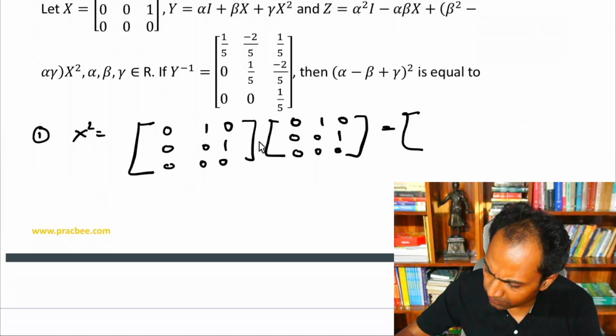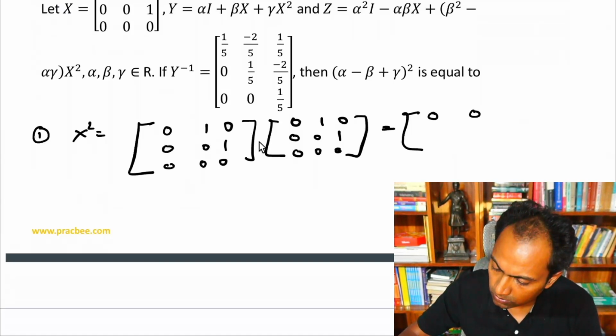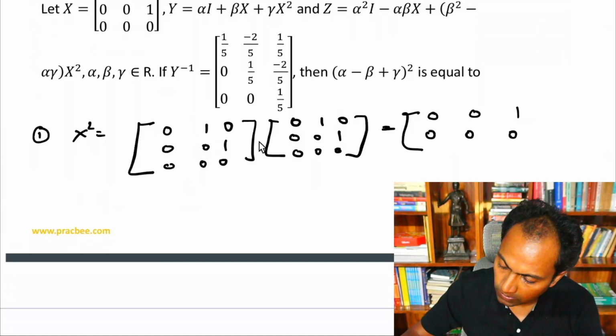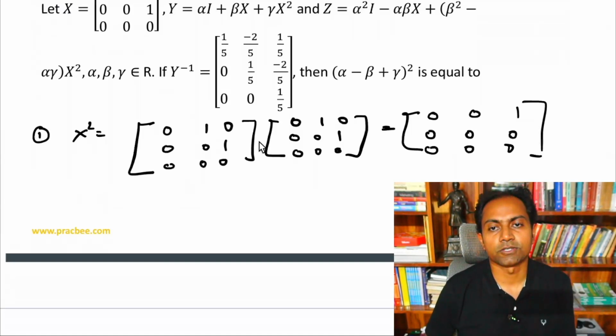So if I multiply, the first row becomes 0, the second one will also become 0, the third will become 1. The next one will also become 0, the next one will also become 0, the next one will also become 0, and then again the last one will also become 0. So this is nothing but the value of x square.